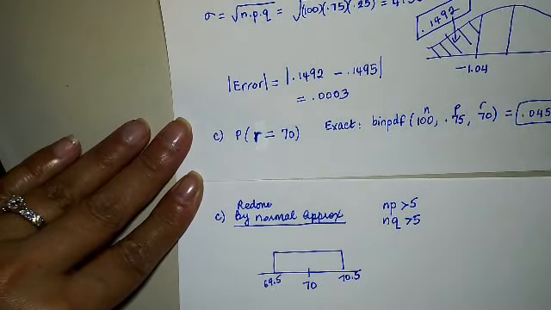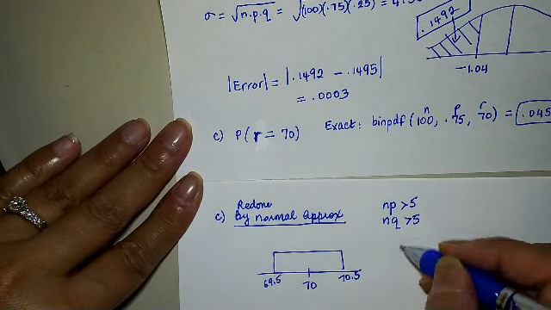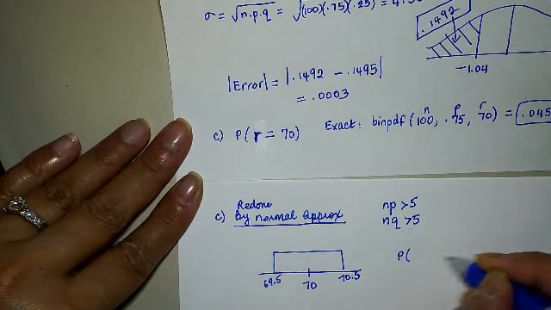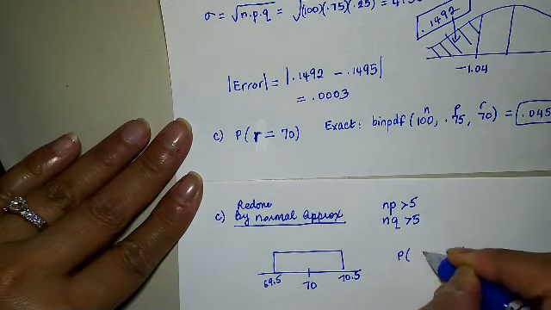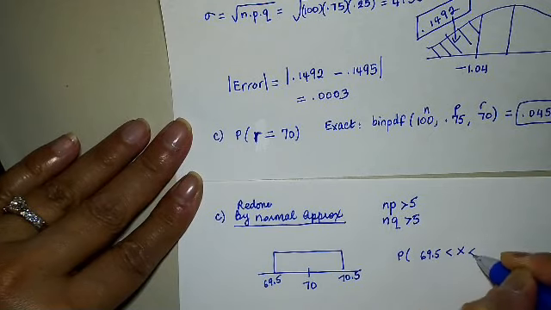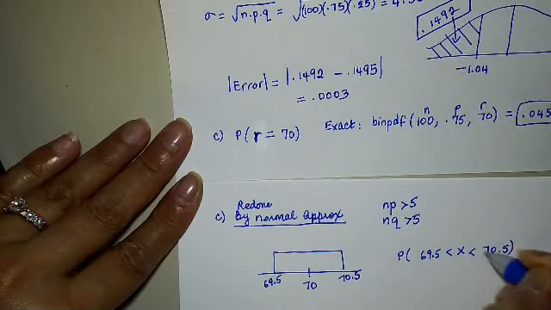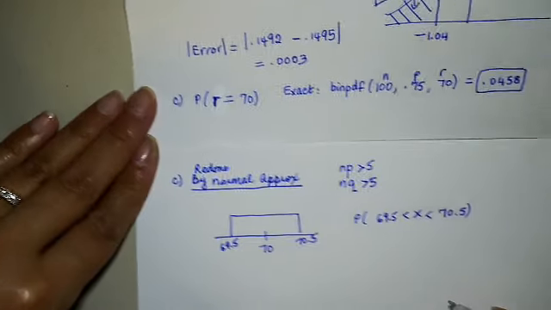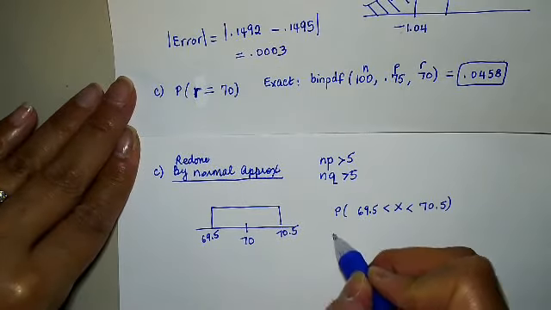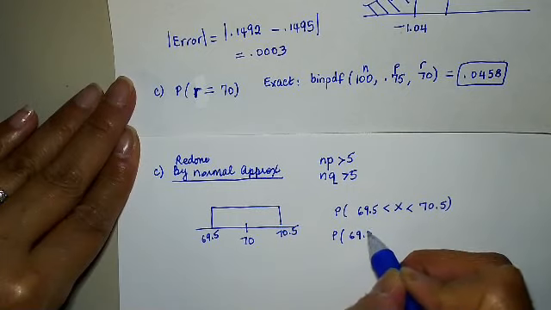Here's the bar for 70, and that bar stretches from 69.5 to 70.5. Agreed or no? So this will be probability x goes from 69.5 to 70.5.